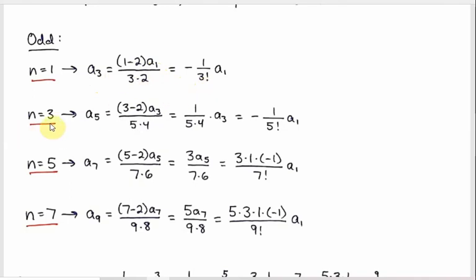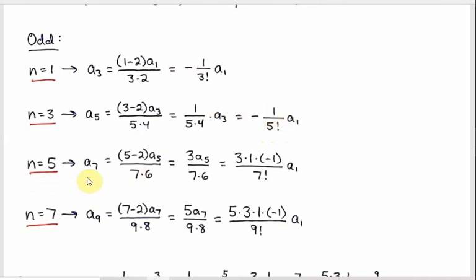Then if n is 3, then a5 would be 3 minus 2 times a3 over 5 times 4. So I said, all right, well then that's 1 over 5 times 4 times a3, but a3 was this. So 5 times 4 times 3 factorial gives you that 5 factorial there. And then the minus 1 times 1 gives you the minus 1, and then a1.